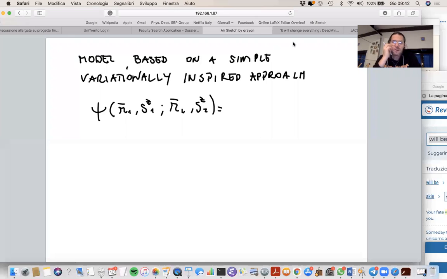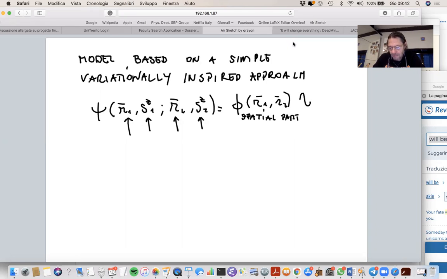The idea is to split the wave function of this system, which is depending on the position of the atoms and their spin, into two parts. A spatial part, which is a function only of the positions, and the spin part, which is only a function of the spins.